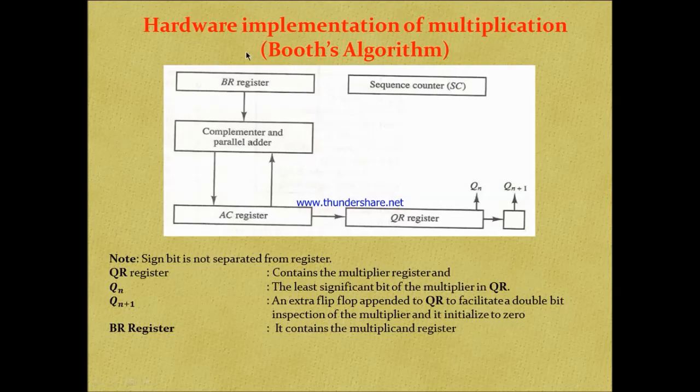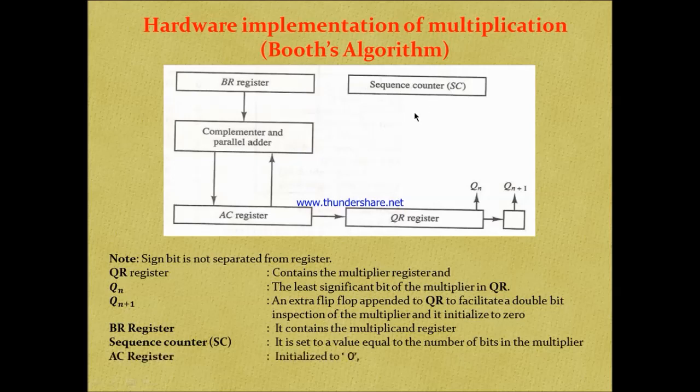Next, the BR register contains the multiplicand, and this SC is the sequence counter. That means the operation should be performed n times, so the counting of n should be done somewhere. This sequence counter counts the number of steps of the algorithm.